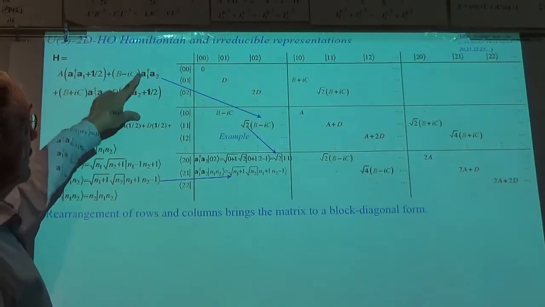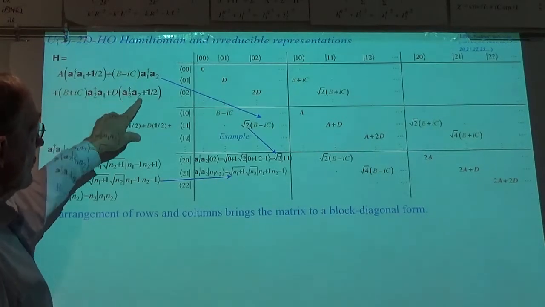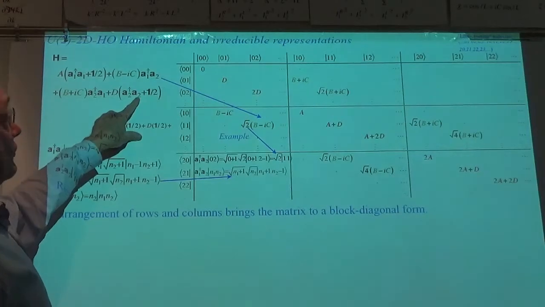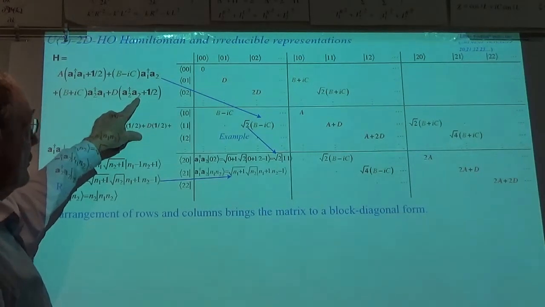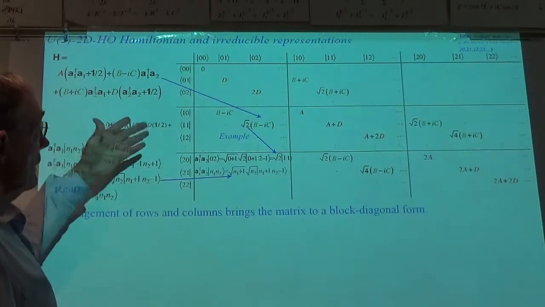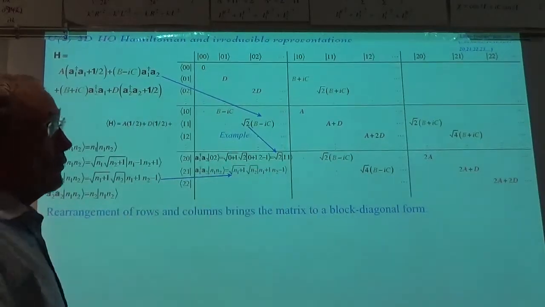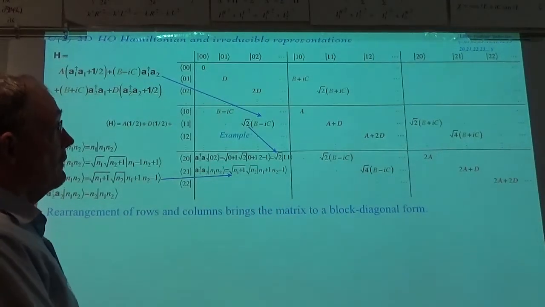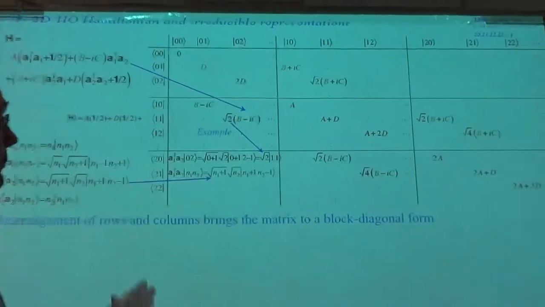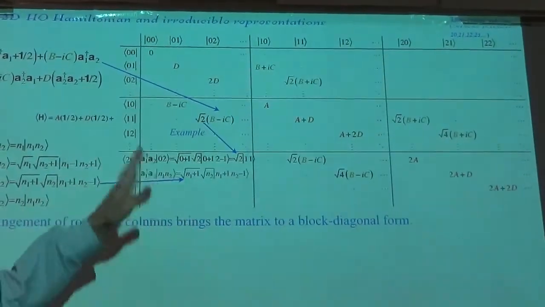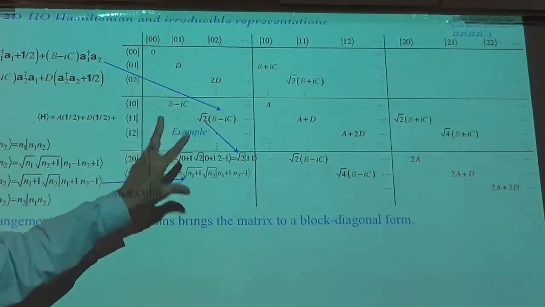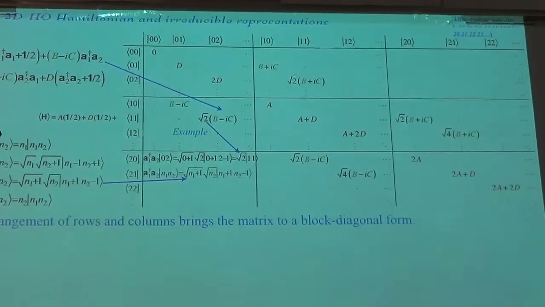Well, now they're sitting on top of creation-destruction operator products that will let us make this matrix here that goes forever. This is an infinite dimensional matrix corresponding to all of the possible pairs of quantum numbers for a 2-dimensional oscillation.